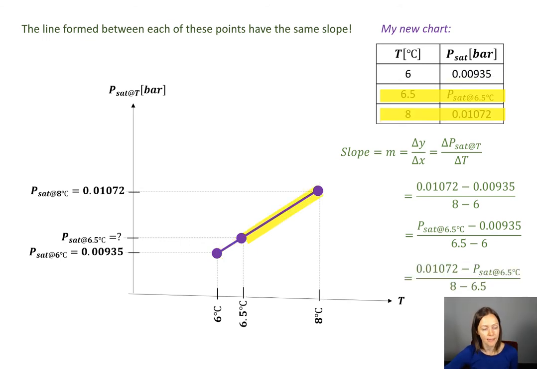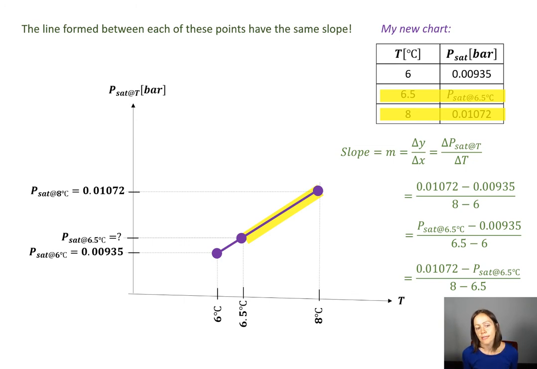And then the last line would be the line between 6.5 degrees and 8 degrees. So once again, the numerator, delta y, would be 0.01072 minus p sat at 6.5 degrees Celsius. And then for my denominator, 8 minus 6.5 degrees Celsius.